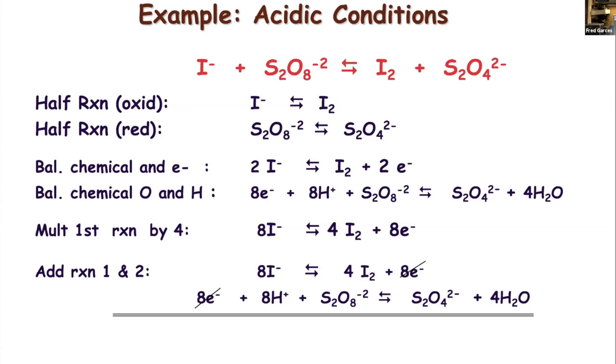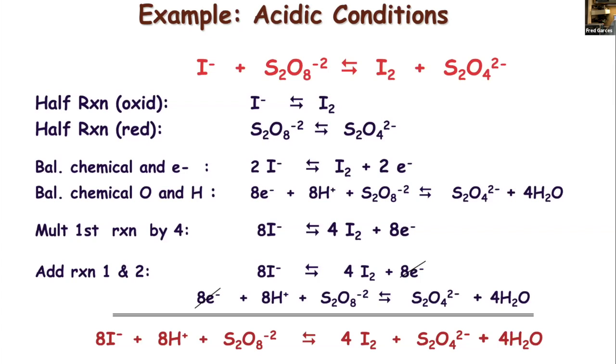Then when you cancel the electrons, this is your net balanced equation. Notice that the original equation, I, S2O8, I2, S2O4, is slightly different from the bottom, but S2O8 are the same, I2 are the same, S2O4. The only difference is that you're introducing water and hydrogen.